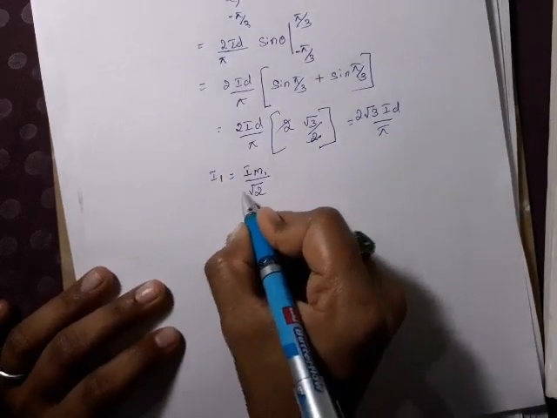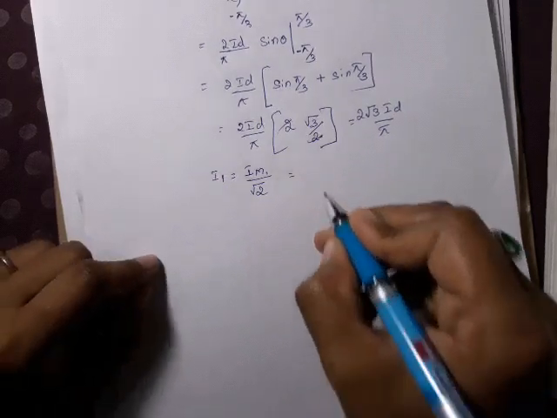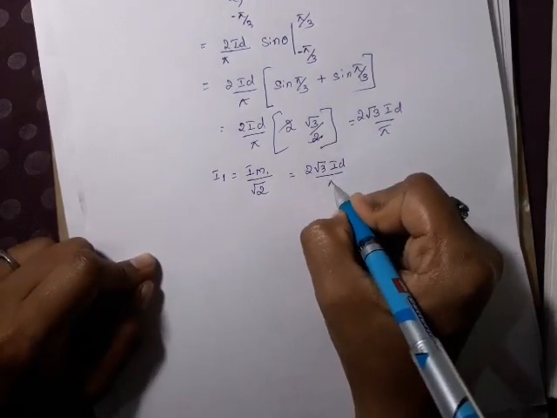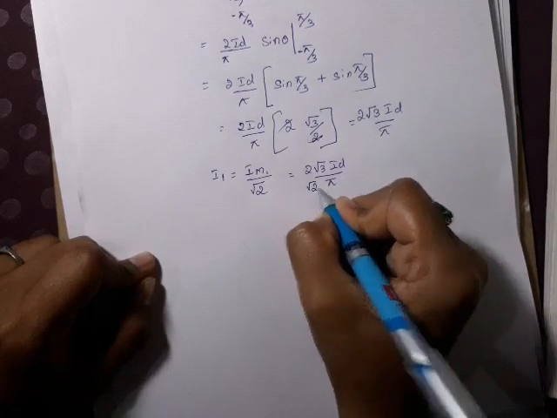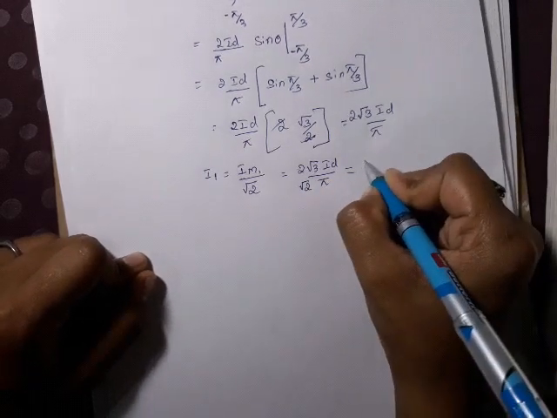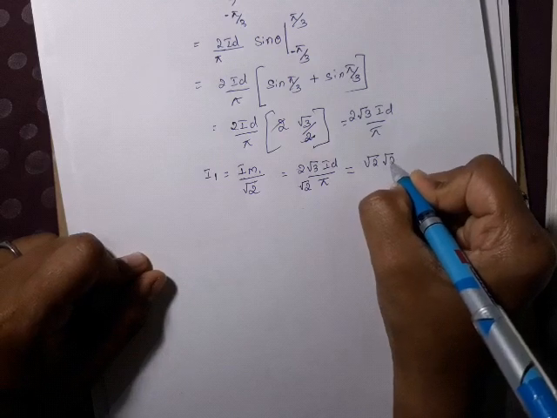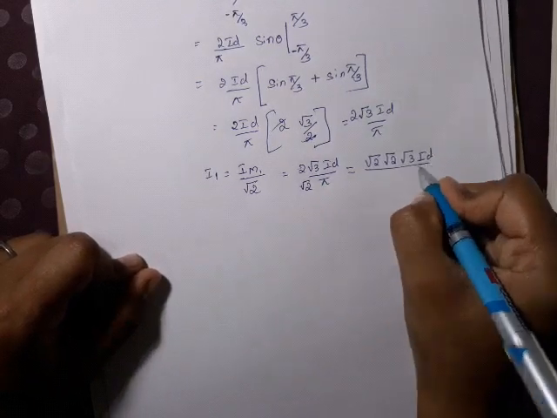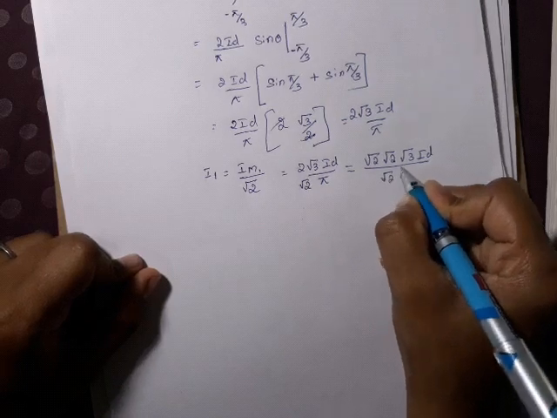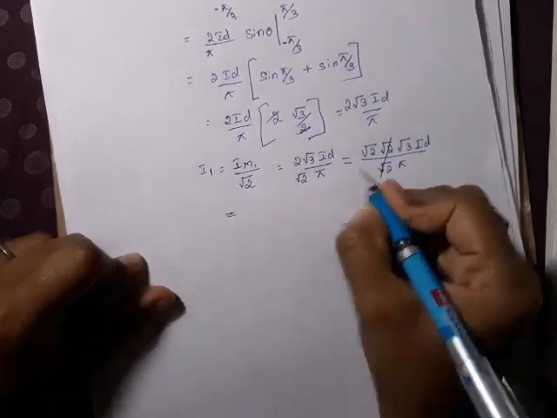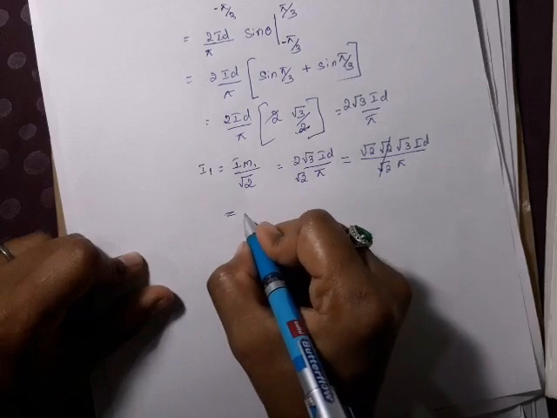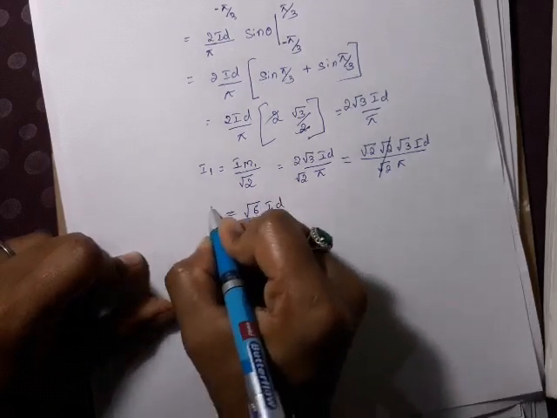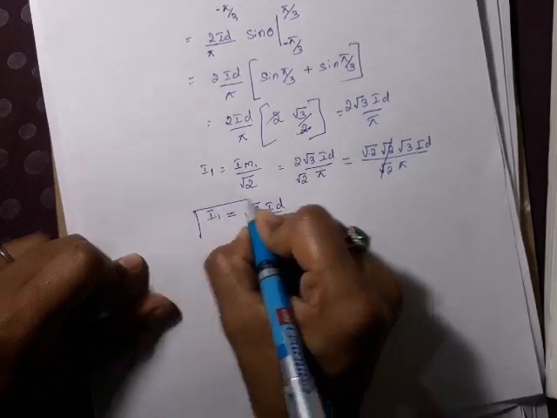So what is the value? 2 root 3 Id by pi divided by root 2. I can write this 2 as root 2 into root 2, so root 3 Id divided by root 2 pi. Root 2 gets cancelled, and root 2 into root 3 becomes root 6 Id by pi. So this is the value of the fundamental component.